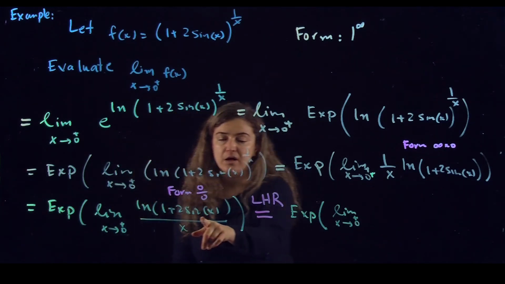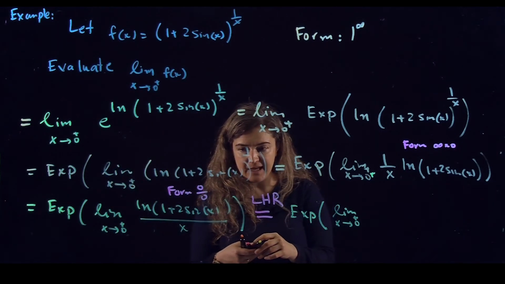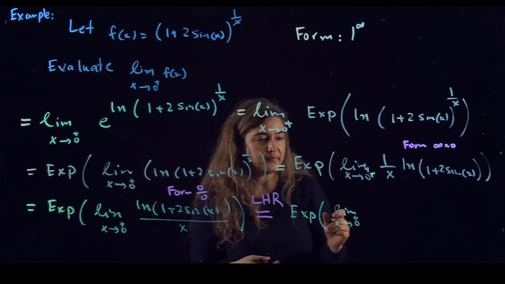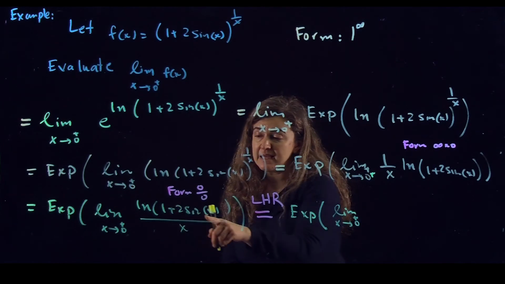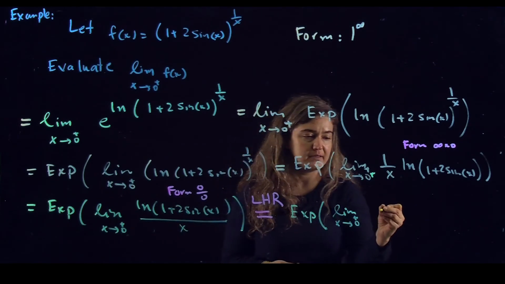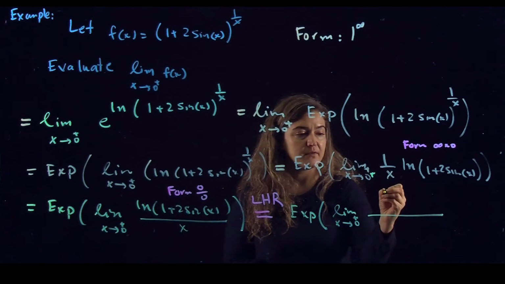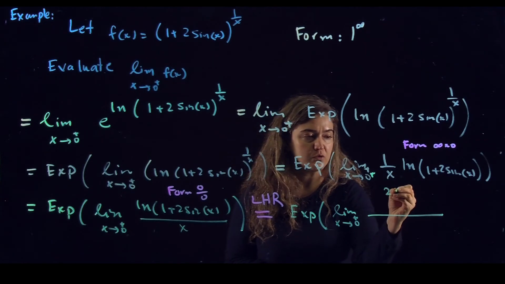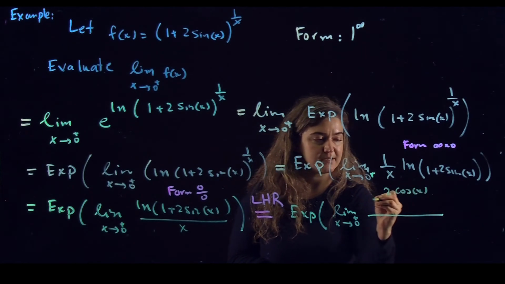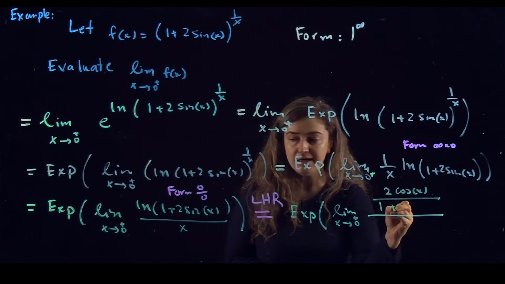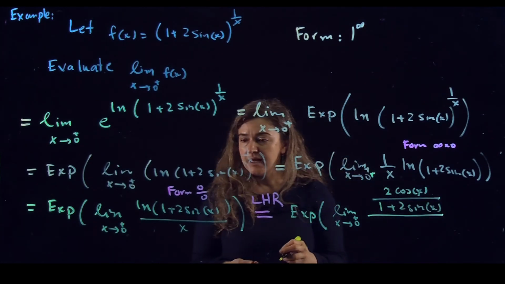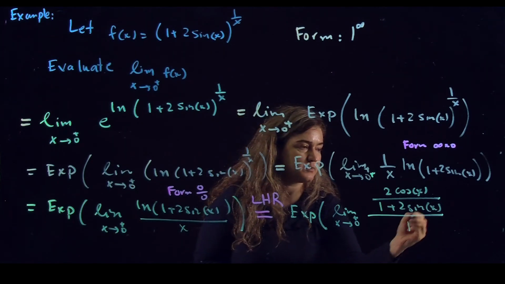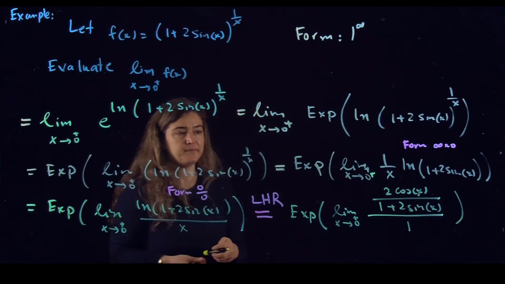Derivative of natural log of 1 plus 2 sine of x is going to be 1, derivative of inside divided by inside. Derivative of inside is 2 cosine of x divided by inside. And then derivative of x, which is 1.